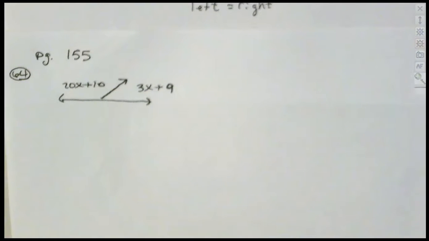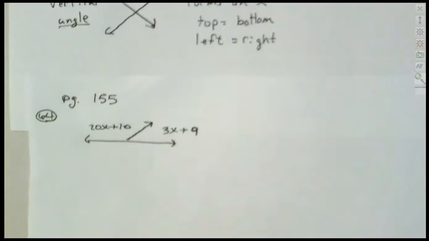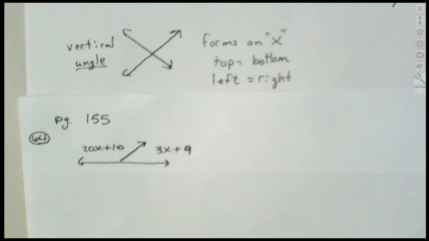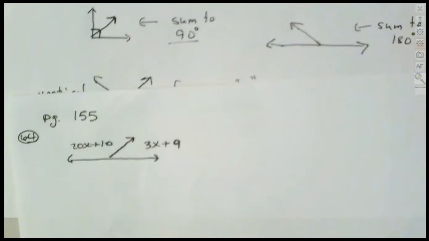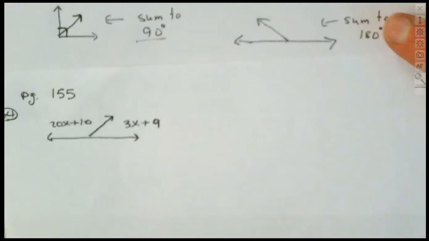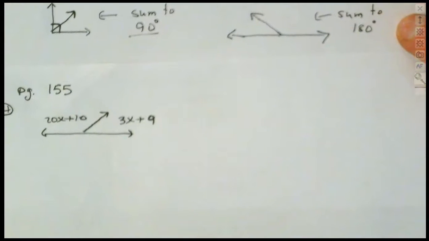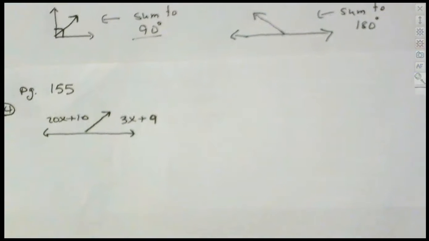Now, when I look at this one, what does it look like? Here's our choices. It doesn't form an X, but it does look like this one here, doesn't it? And this one up here, what did it do? It summed to 180. So this is going to sum now to 180.